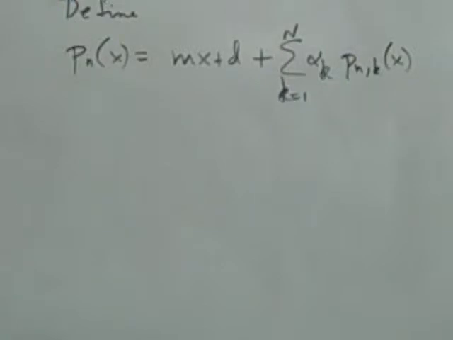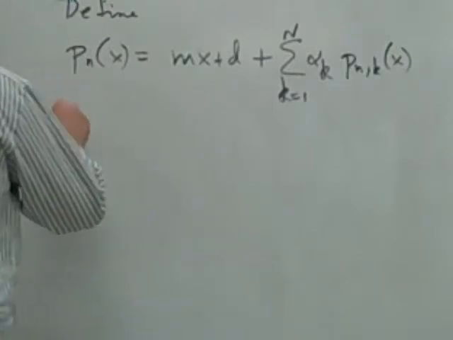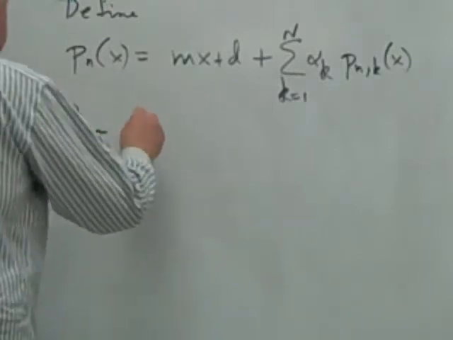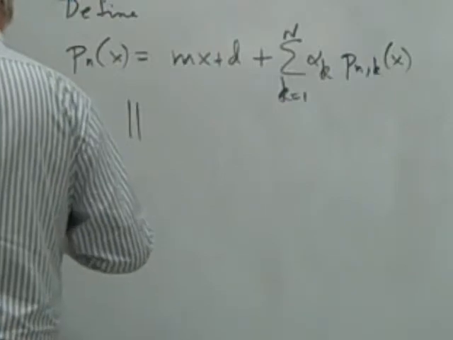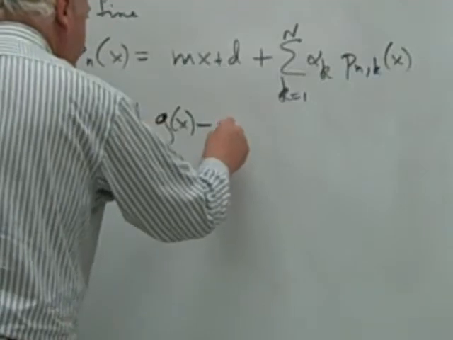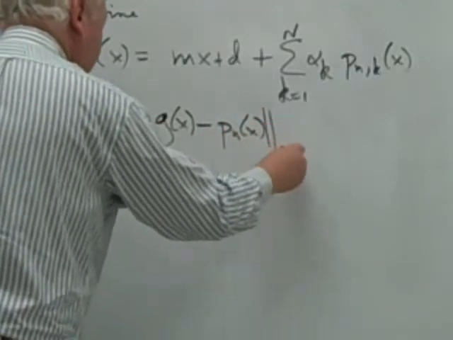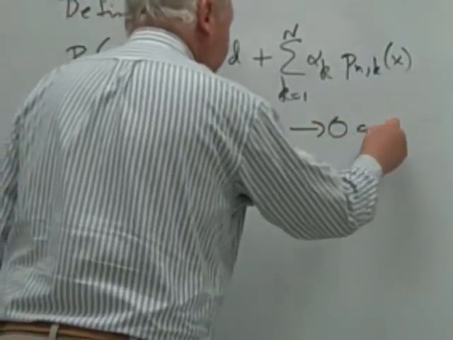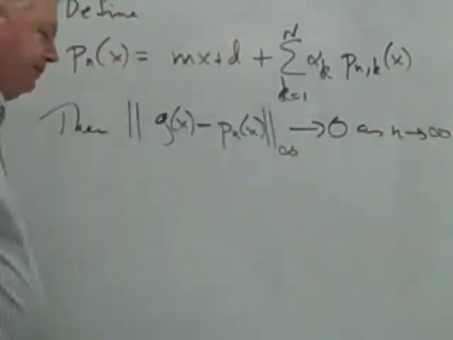So that's definitely a polynomial. And because individual terms converge to the right thing, we get that the infinity norm of g of x minus Pn of x goes to 0 as n goes to infinity. Because I only have a finite number of pieces to approximate, so I get arbitrarily close to each one.